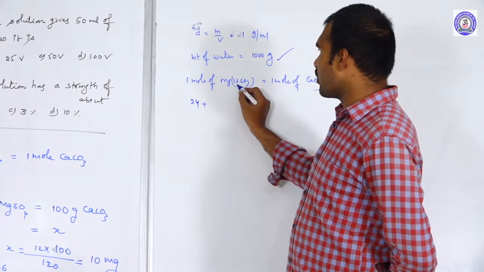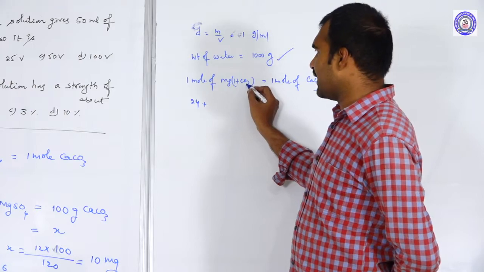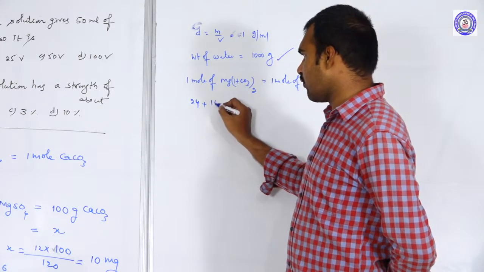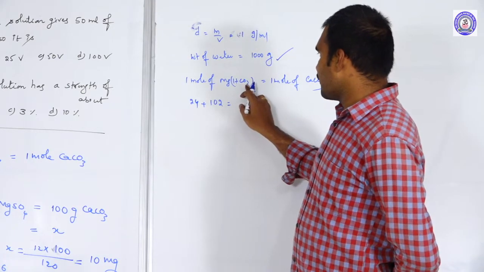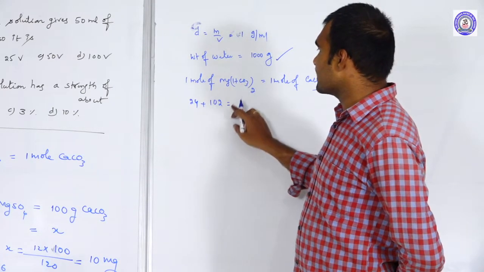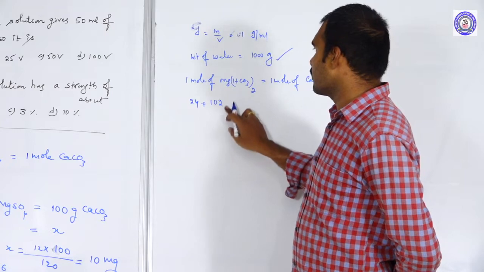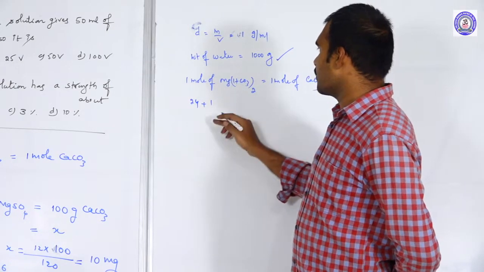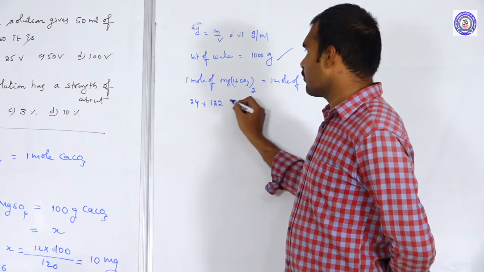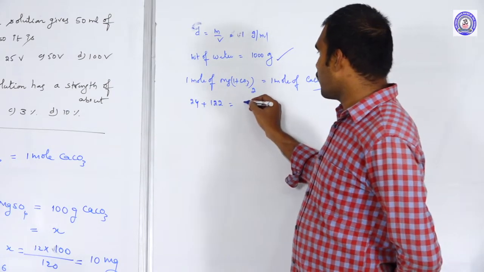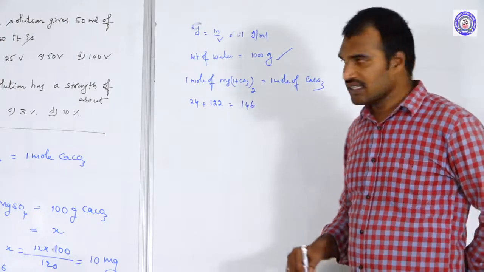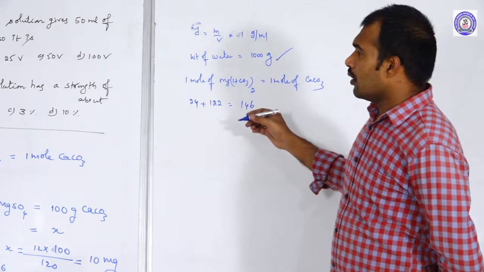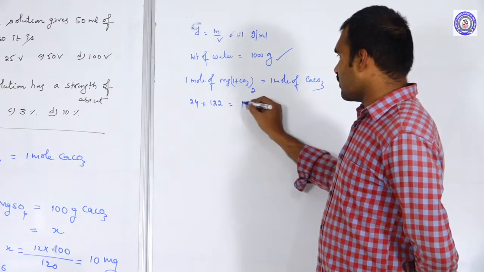Bicarbonate: hydrogen 1, carbon 12, oxygen 48. Once again, 48 plus 12 is 61, times 2 is 122. So total 146 grams molecular weight.